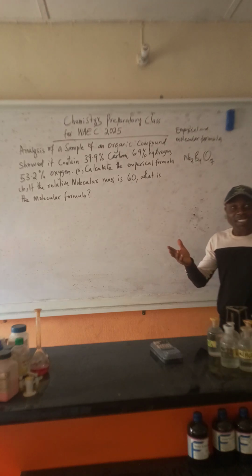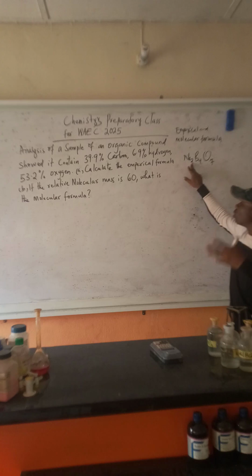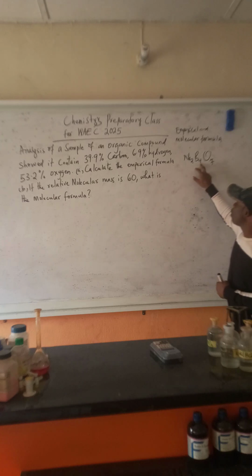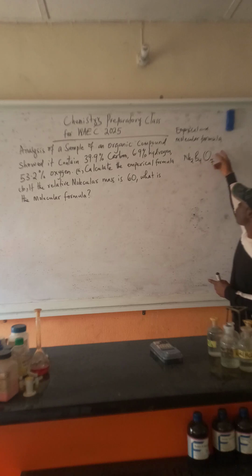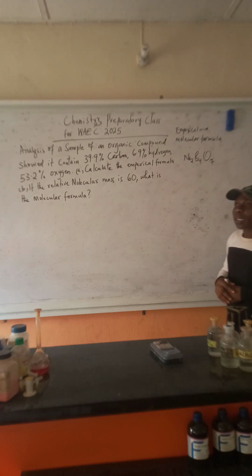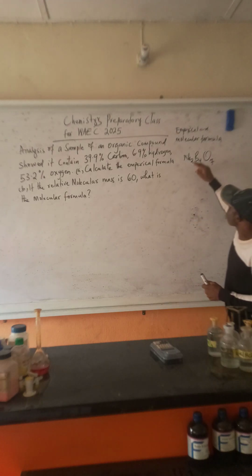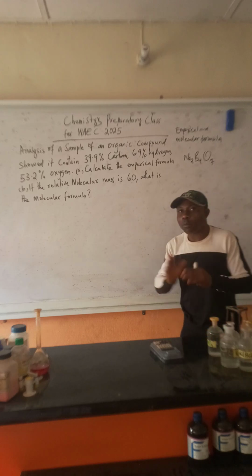Which means you have 2 atoms of sodium, then 4 atoms of boron, that is 6, plus 7 atoms of oxygen, making it 13.